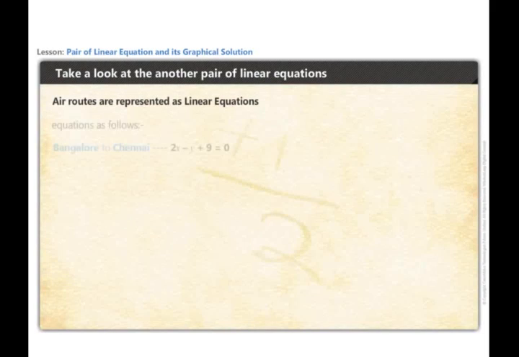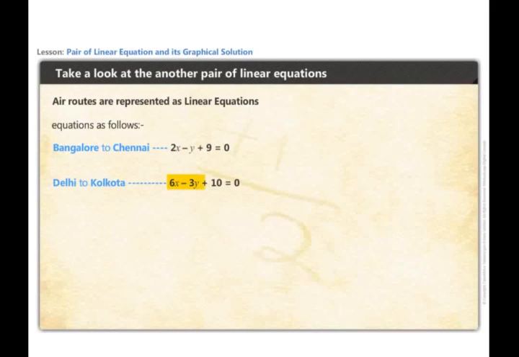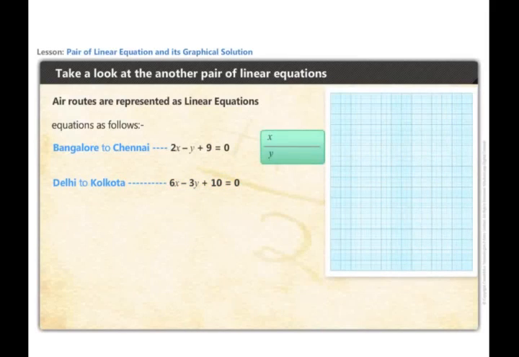Here, the air route from Bangalore to Chennai is represented by the linear equation 2x minus y plus 9 is equal to 0, and that from Delhi to Kolkata is represented by the equation 6x minus 3y plus 10 is equal to 0. The solution to each of the equations is tabulated in the table given below.